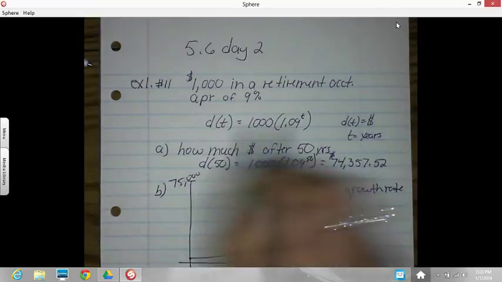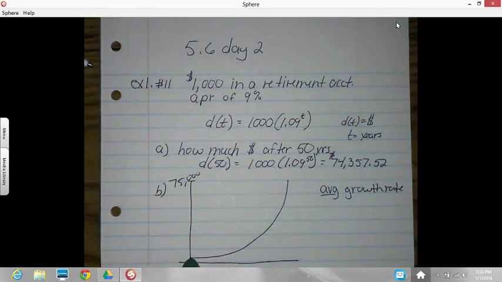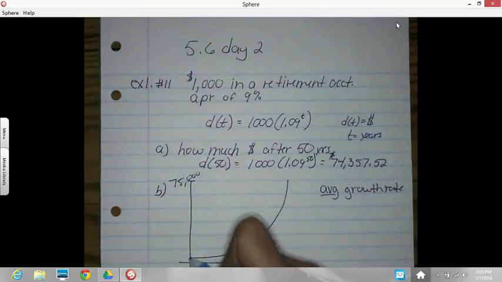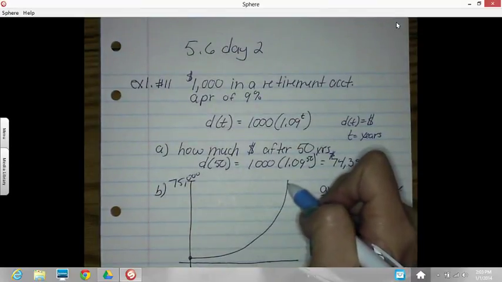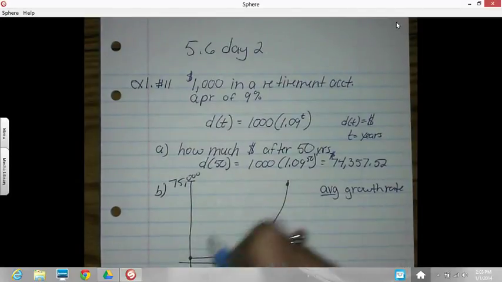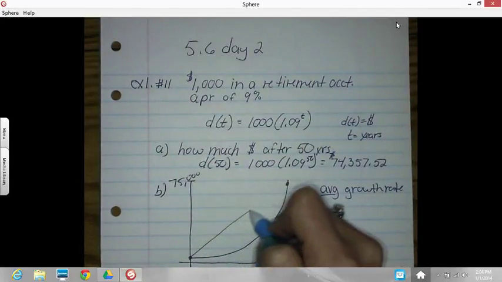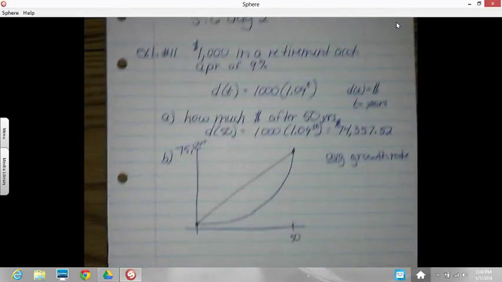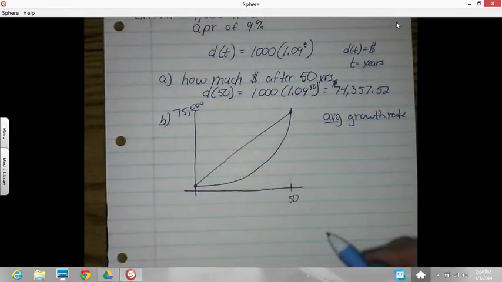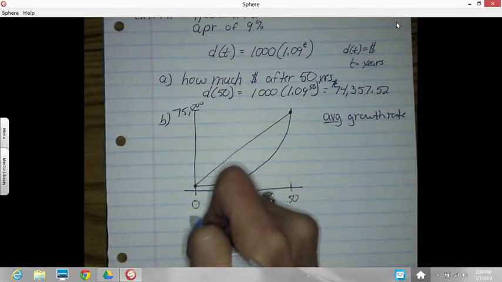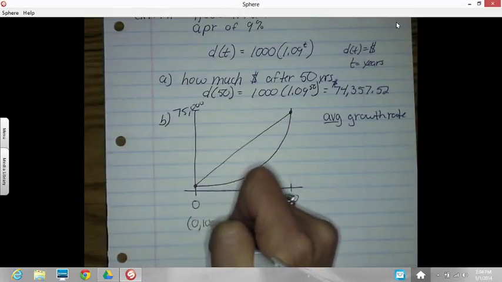Remember, the average is if it was linear and grew the same amount each year, which it does not, but it would be the slope of this secant line. So I'm looking for that slope. So I need the x and y values at each spot so I can do rise over run, change in y over change in x. So this was time 0, and I know I started with $1,000.